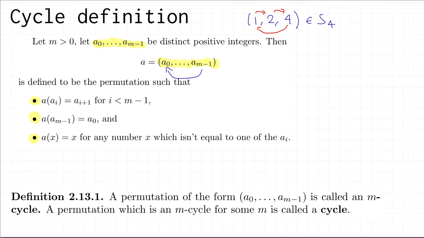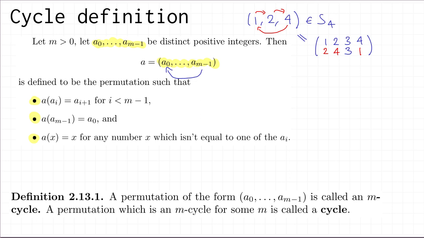So if we were to write out the 2-row notation for this cycle, it's an element of S4, so it's a permutation on the set 1, 2, 3, 4, and as we've seen, it sends 1 to 2, 2 to 4, and 4 back to 1 again, and then 3, a number which is not part of the cycle, will simply be sent to itself. So this 3 cycle (1, 2, 4) is the permutation whose 2-row notation looks like that.